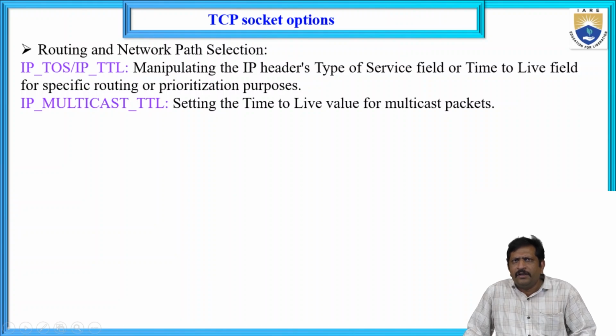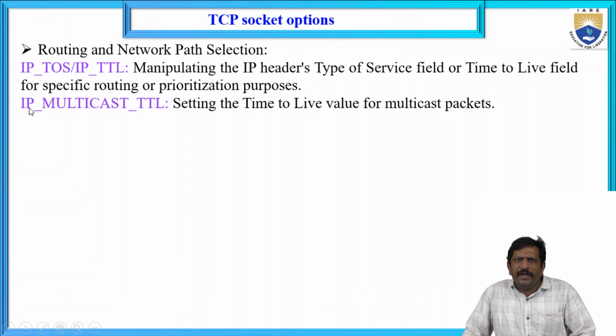The shortest path can be selected for the network, and based on this the routing provides communication, transmitting the packets from source to destination. Here, in routing and network path selection, we can utilize the type of service field or time to live field.